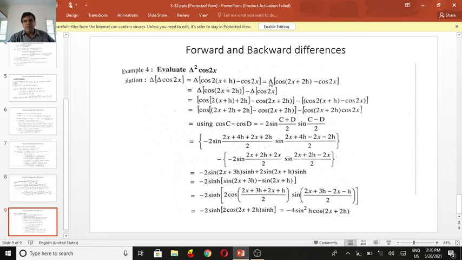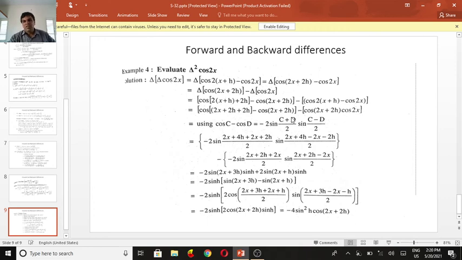Again we apply del: cos of (2x plus 2h) minus cos of (2x plus h), minus cos of (2x plus h) minus cos 2x. Again simplify inside.